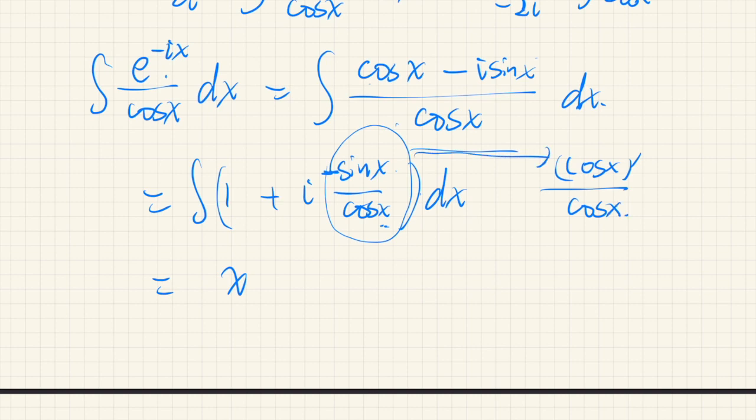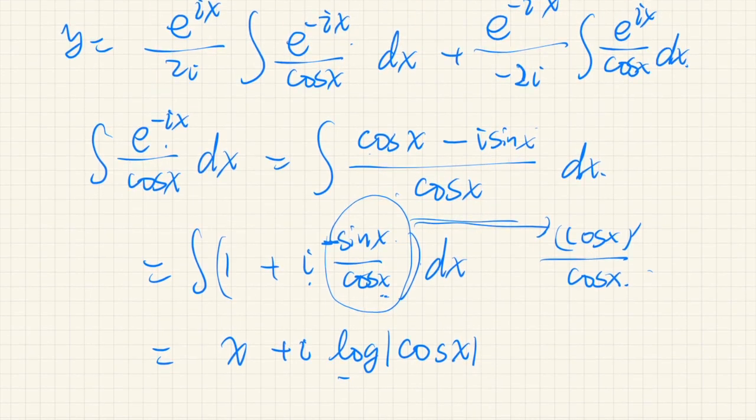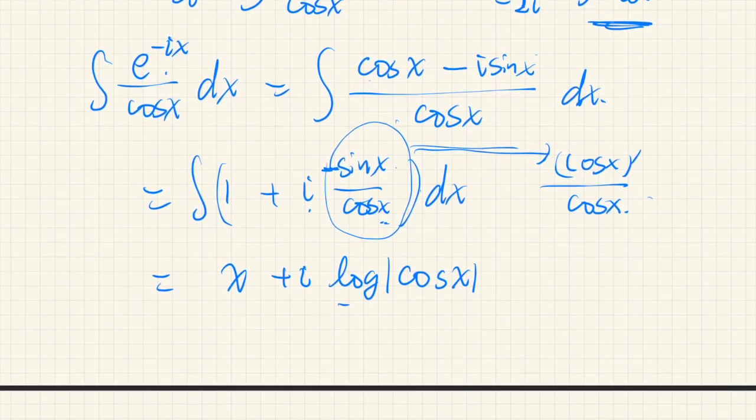So we can use the chain rule and integration by substitution, and this should be, so this i remains, and natural logarithm of absolute value of cosine x. And similarly, we can calculate this integral, and that should be almost the same result, but with a different sign here.